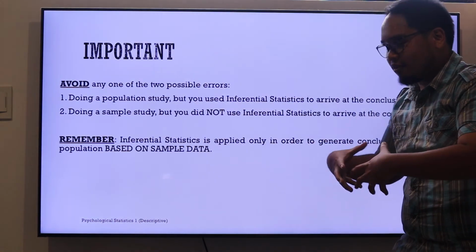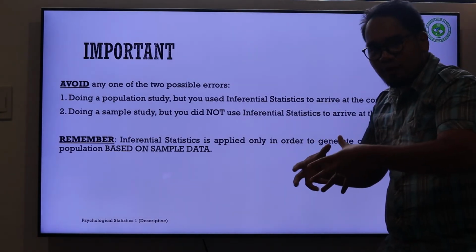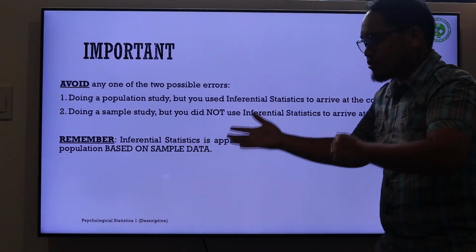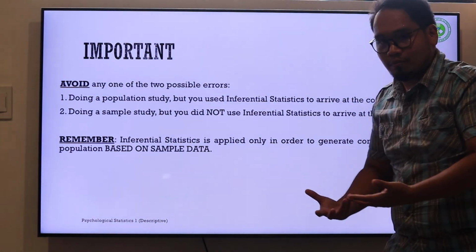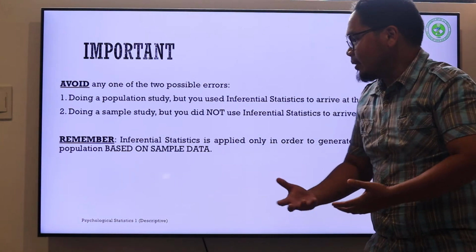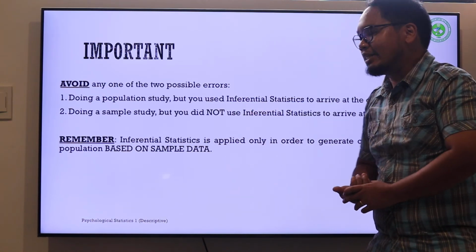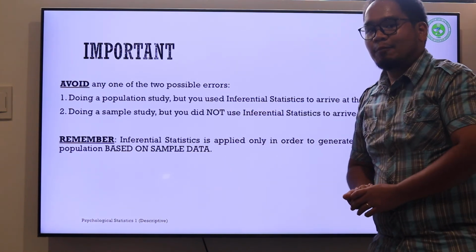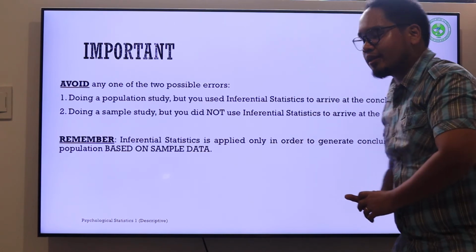You don't need to reflect the results of your study from the sample going to the population because the results are straightforward. Everybody's data are there already. You don't really need to interpret. Analysis is enough, and then you can go on with the conclusion already.